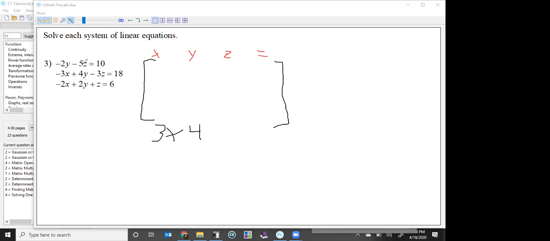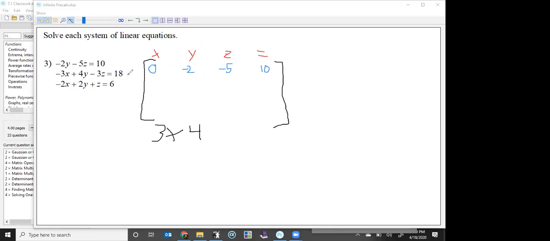Well, notice my first equation does not have an x. So I'll start off by just putting 0 because it's missing the x. My y value is -2. My z is -5. My equals is 10. All right.